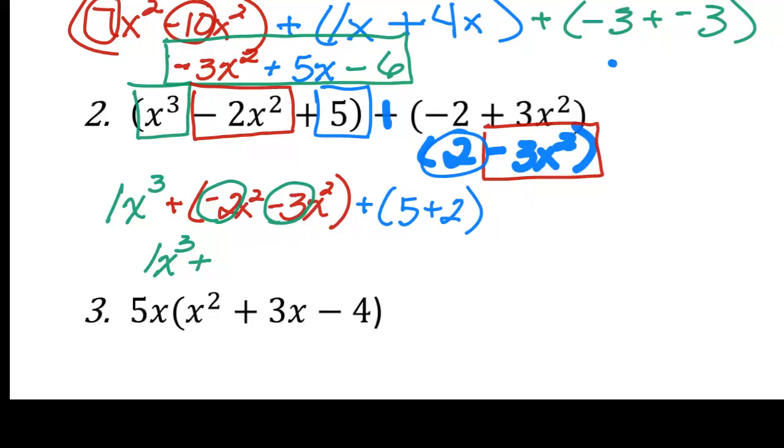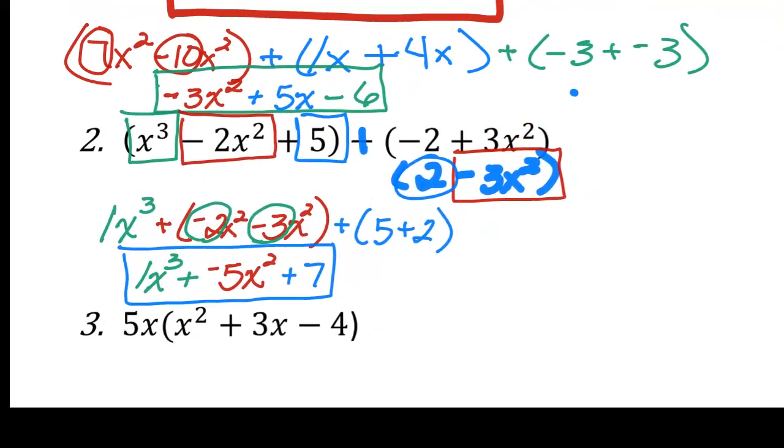Negative 2, take away 3 more, is going to be minus 5. So I can say plus a negative 5x squared. Or you could just say minus 5x squared. And finally, 5 plus 2 gives me 7. And this is your final answer.